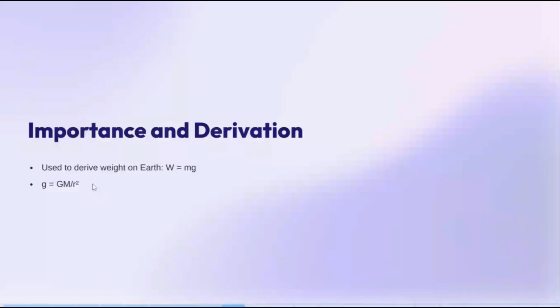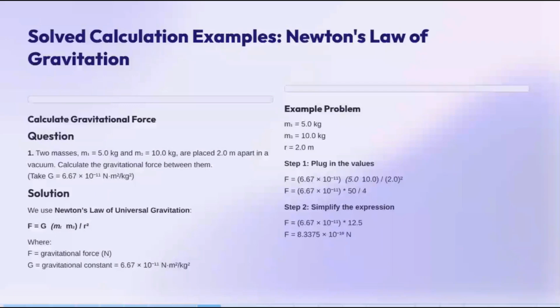Okay, on your paper, write this Newton's formula: F is equal to G, bracket open m1 m2 bracket close, all over r squared. Write it on your paper. Then on the second side, also write W is equal to mg.